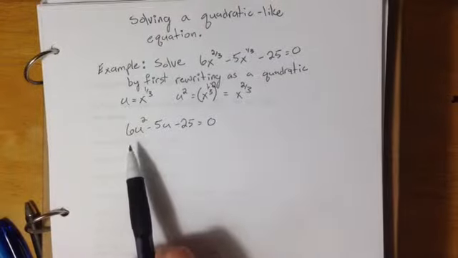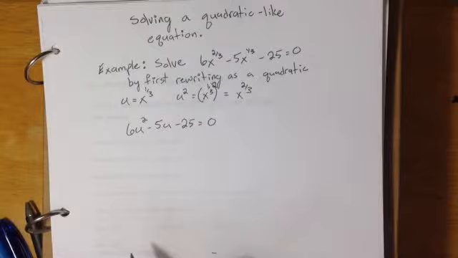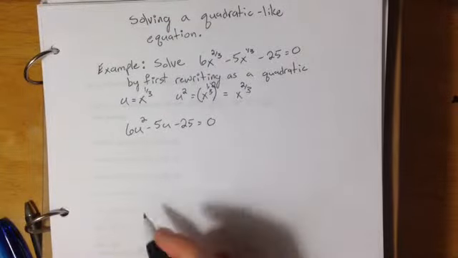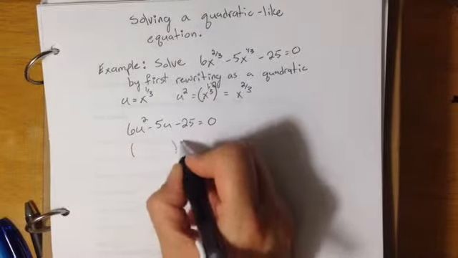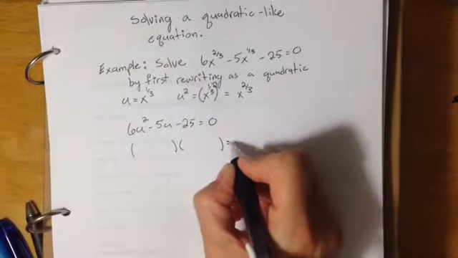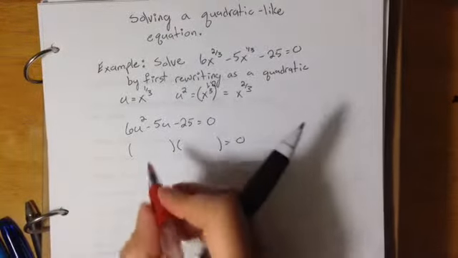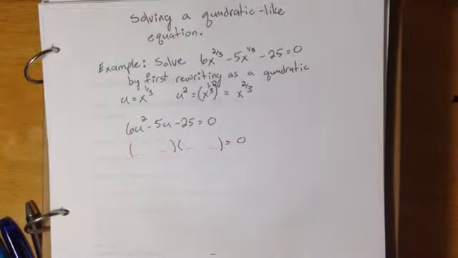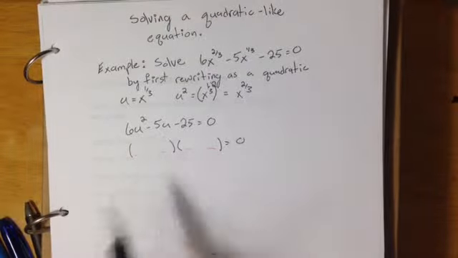All right, now we have a quadratic equation that we should be able to solve by factoring. So I'm going to talk us through factoring this using a little bit of trial and error. I always write my parentheses down first, and then I try to fill in the 4 slots. There are 4 places where I need to put numbers or variables that will FOIL back out to be this expression.